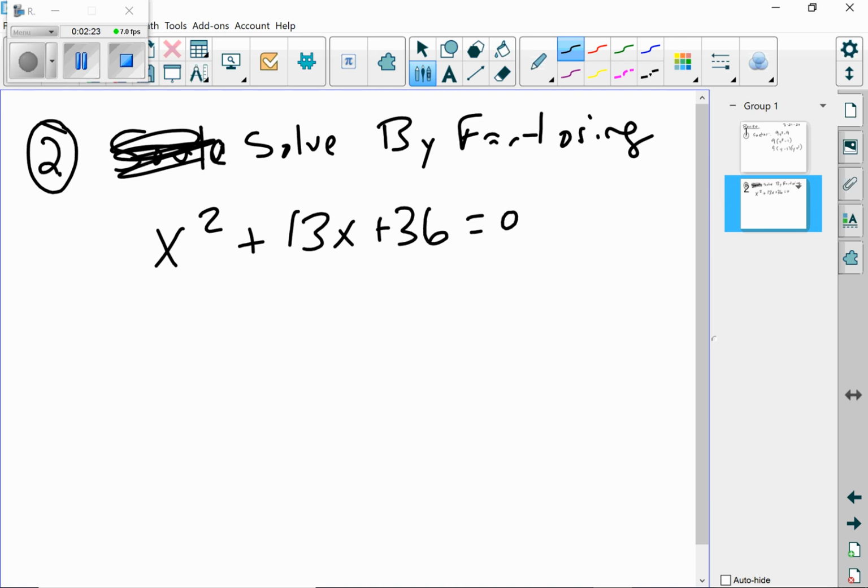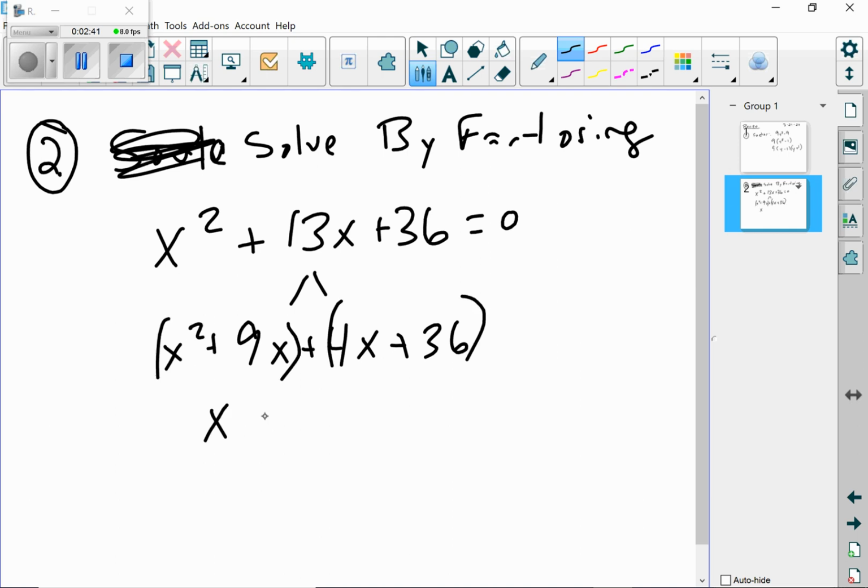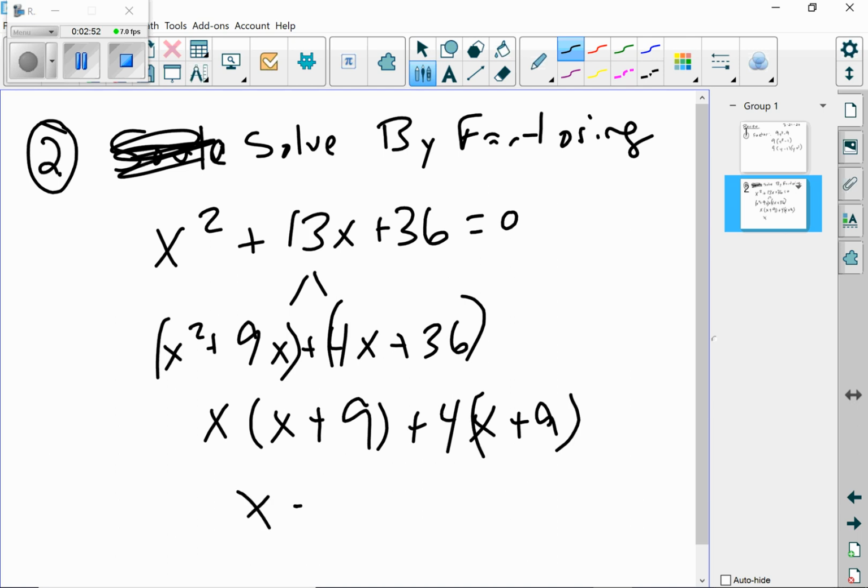We're going to solve this by factoring. You have to split the middle term. I think this splits into a 9 and 4: 9x plus 4x equals 13x, and 9 times 4 is 36. Everything's positive, so you group and factor like normal. Pull out an x, you've got x plus 9. Pull out a 4, you've got x plus 9. So you get (x plus 9)(x plus 4).